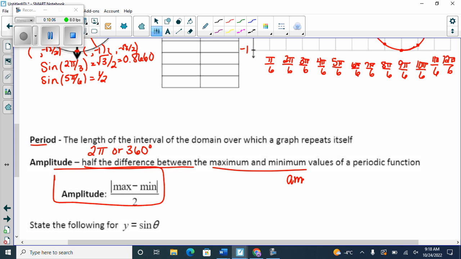Amplitude is always positive. Absolute value of max minus min.